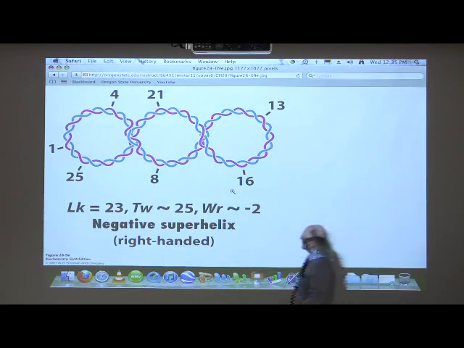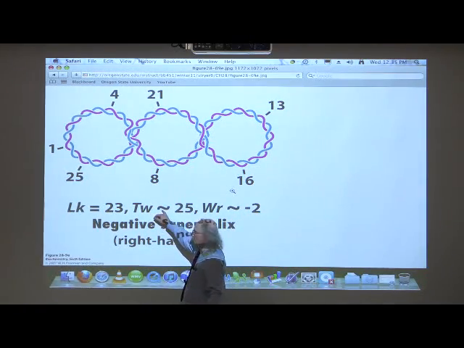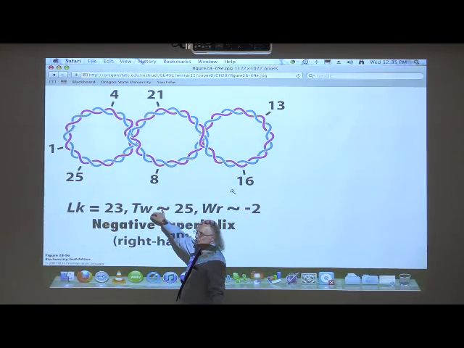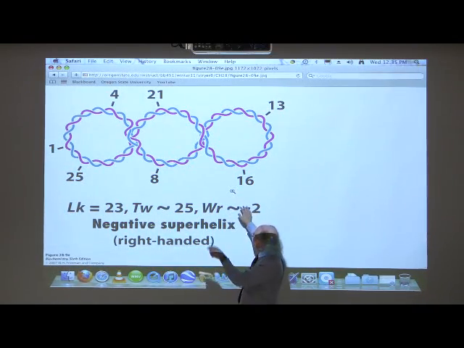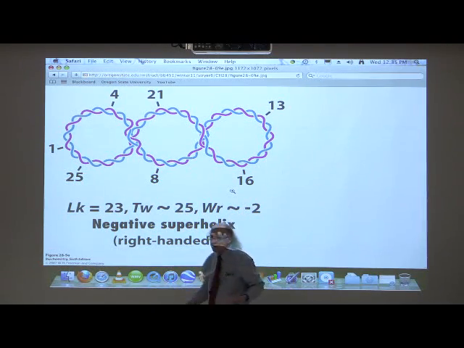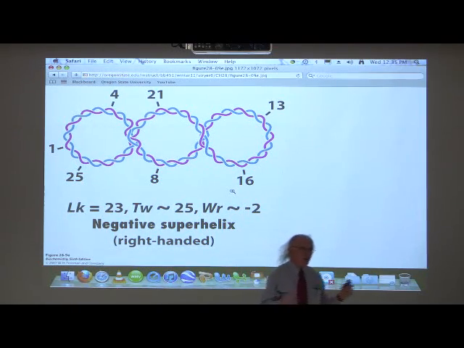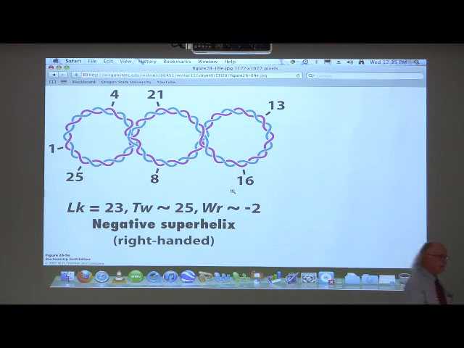Now, there we are. This guy has now crossed itself. So we have 25 crossings that have happened in this thing where we had 23 before. The number of base pairs per turn is back up to 10.